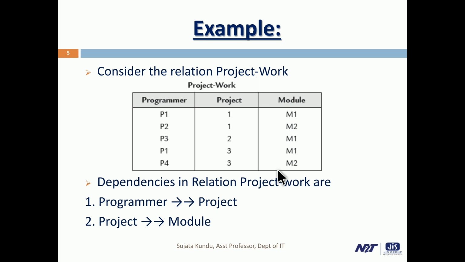So we can see that the dependencies for this relation are project dependent on programmer and module dependent on project, because depending on the project we have the modules; in one project maybe there are 2 modules, maybe 1, maybe 3.